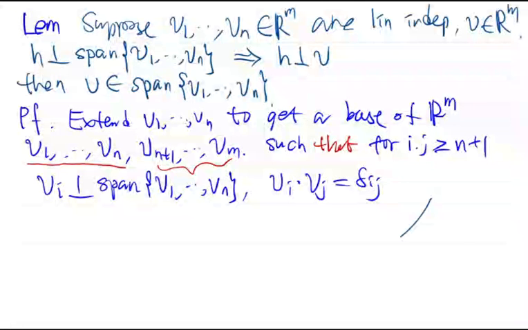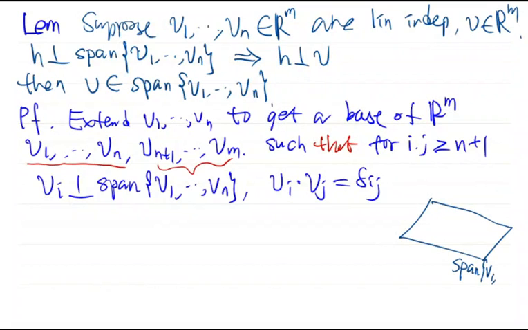Okay, so this is the subspace, the span of V1, ..., Vn. We choose Vn+1, ..., Vm from the orthogonal complement of this span space.